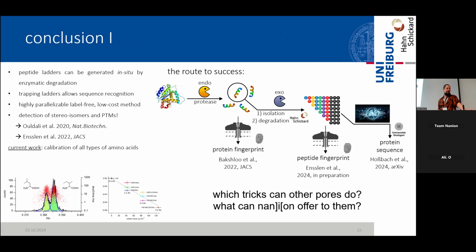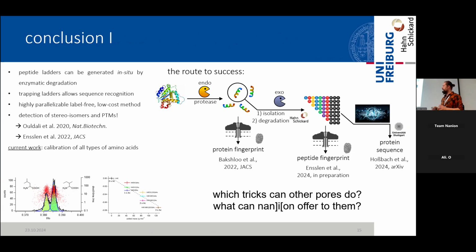So with this, I would like to conclude the first half of my talk. And I hope that you agree with me that the peptide letters can indeed be generated in an enzymatic approach in very challenging electrolytes, and that we can indeed use these letters to deduce some sequence information.